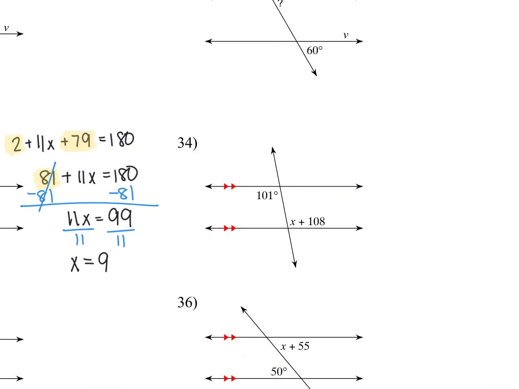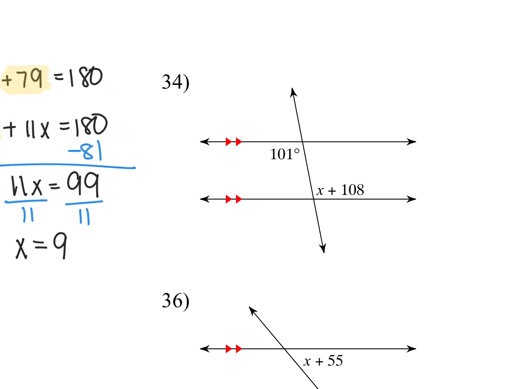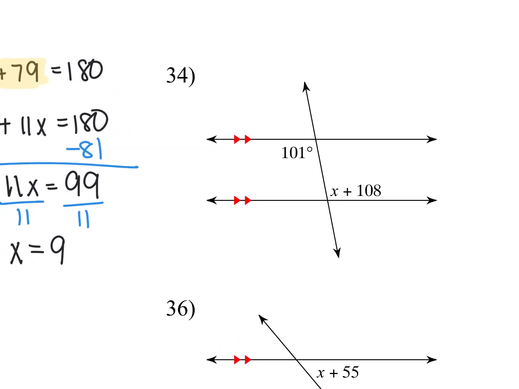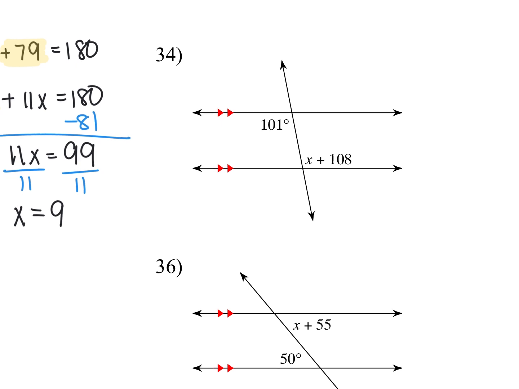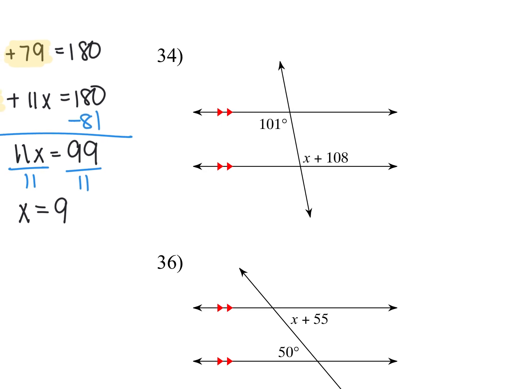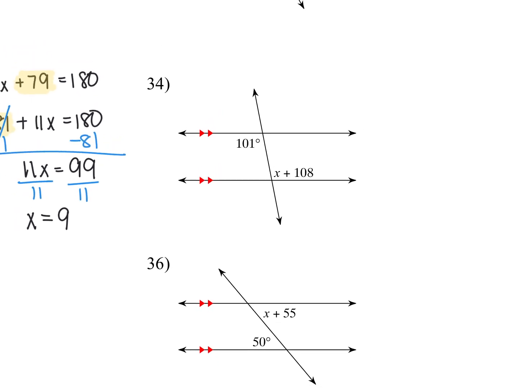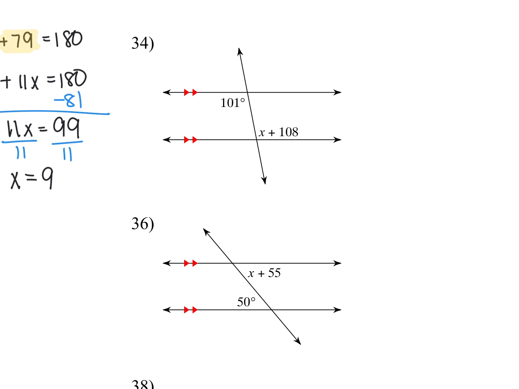What about number 34? How would I solve for number 34? x plus 108 equals 101. It's a one-step equation, so subtract 108.